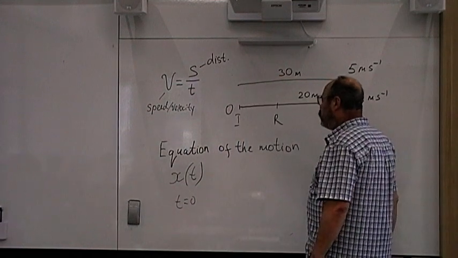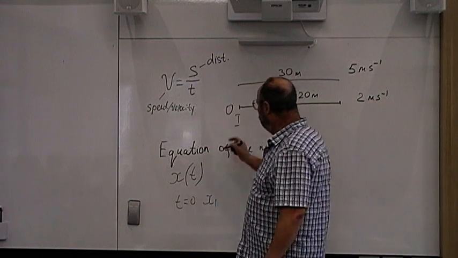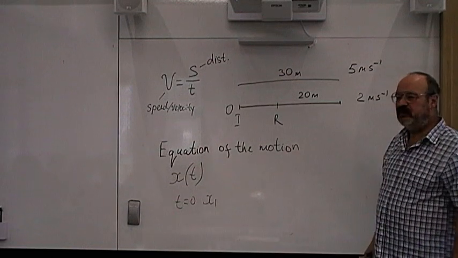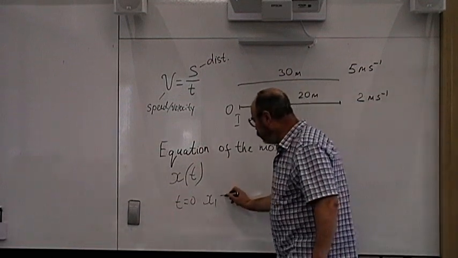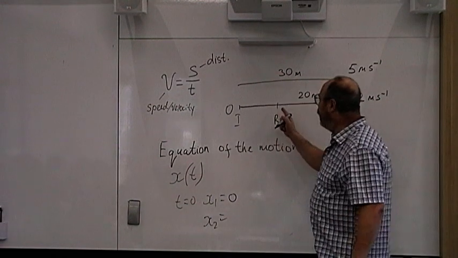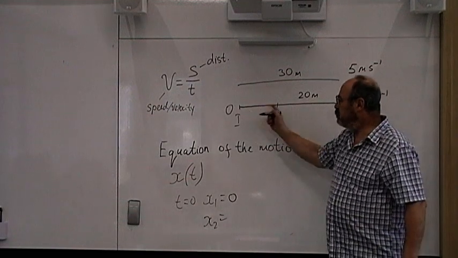What is the position x1 at time equals zero? We choose zero here, so position is zero. What is the position of this student at time zero? It's 10.